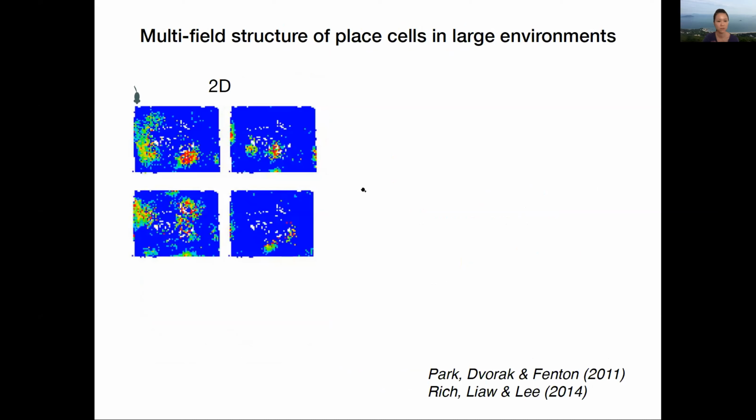So we have the two different kinds of cells. We get back to place cells again. Place cells are known to have sparse activity compared with grid cells, but in a large environment, they can have multiple place fields. The activity of 4 example place cells is shown here, and each of them has multiple place fields in this large 2D environment.